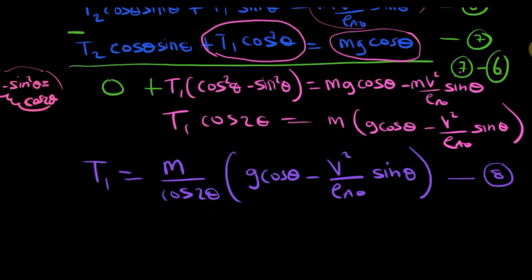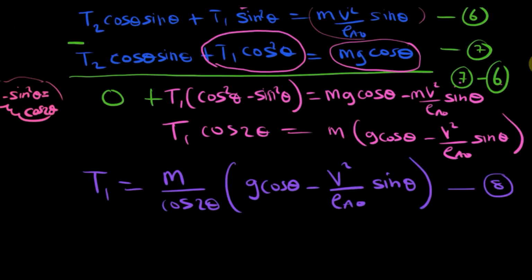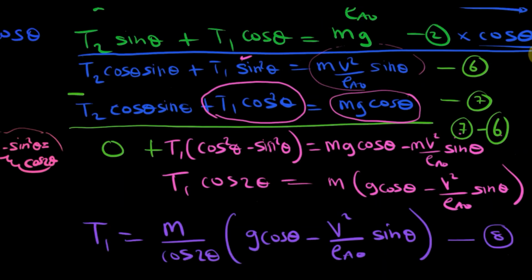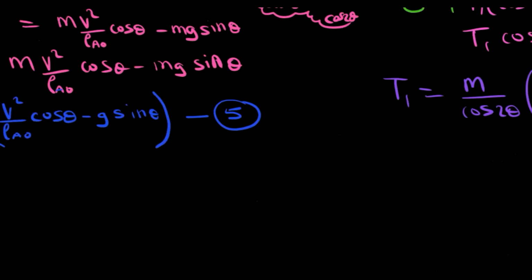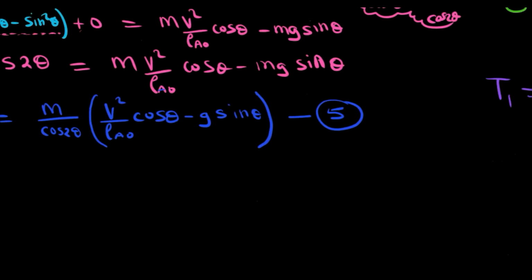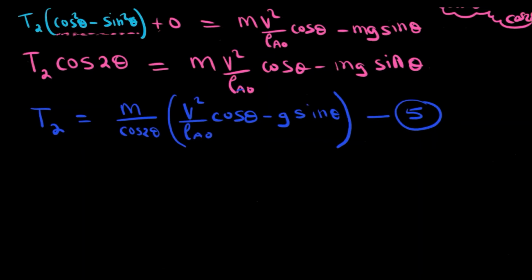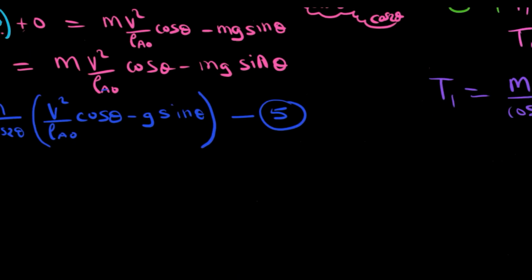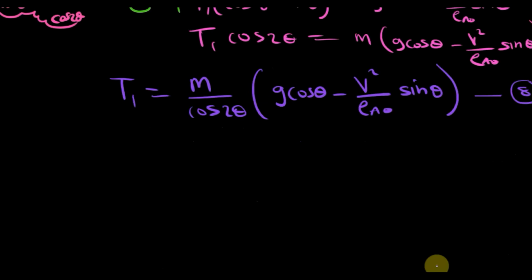The question was asking for us to find what is the velocity when T1 is the same as T2 and the tension in the wires are the same. So this tension is that, so m over cos 2 theta multiplied by v squared over LAO cos theta minus g sin theta.